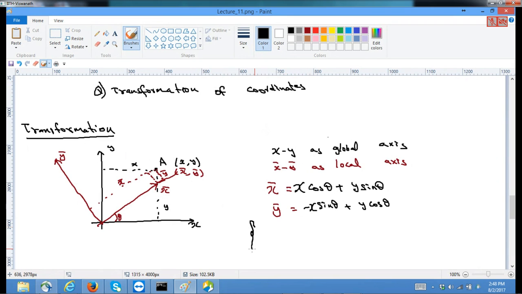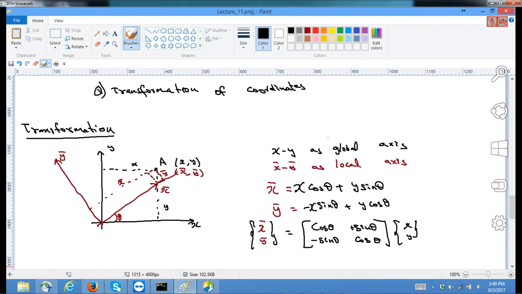You can write your x bar, y bar as cos theta, sin theta, minus sin theta, cos theta, times x and y.